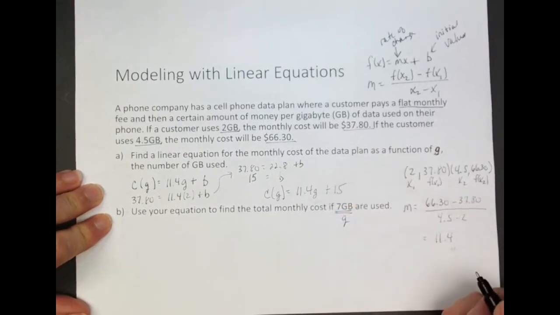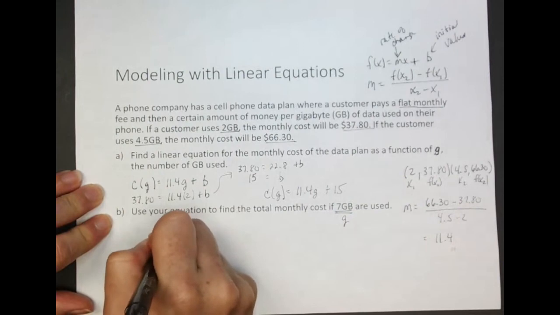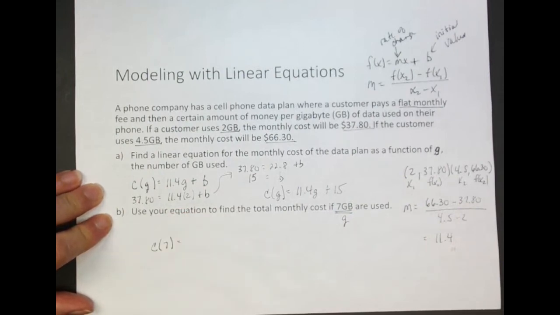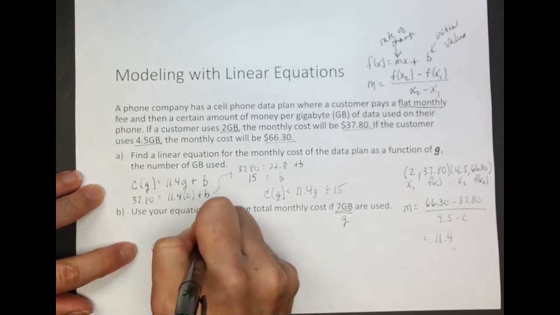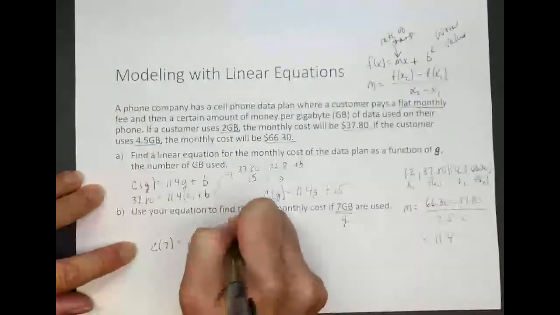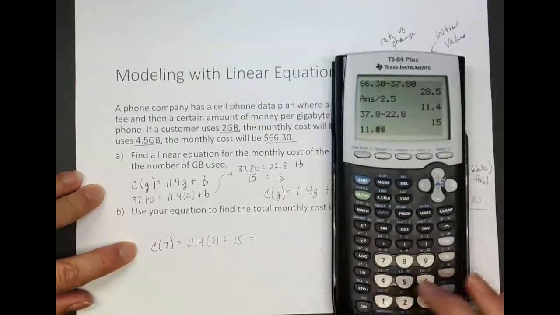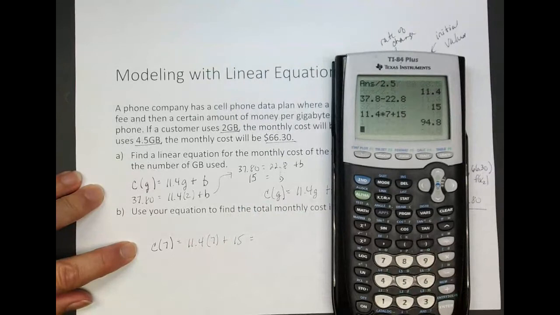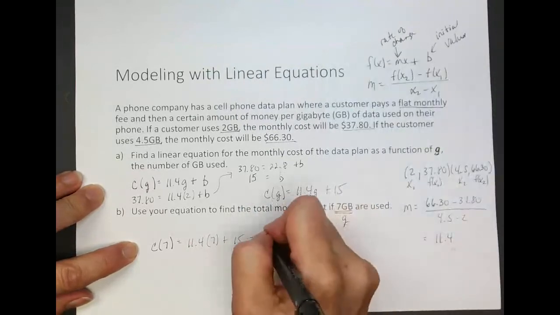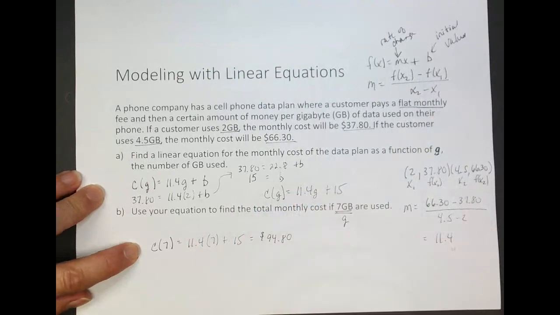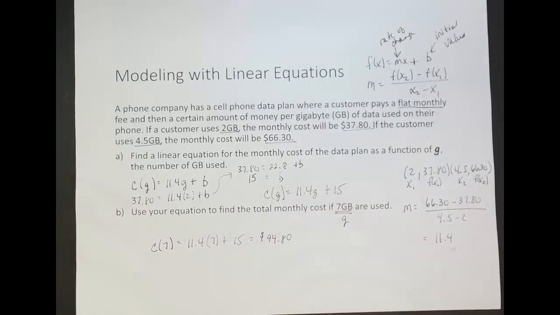So if g is 7 gigabytes, the cost of 7 gigabytes, or C of 7, is going to be 11.4 times 7 plus 15, which is 94.8, which of course as a cost is $94.80.